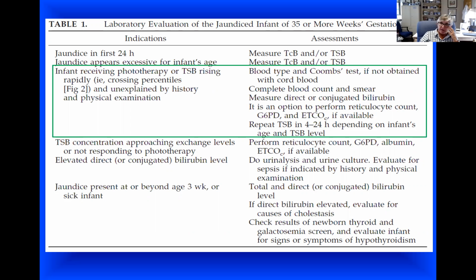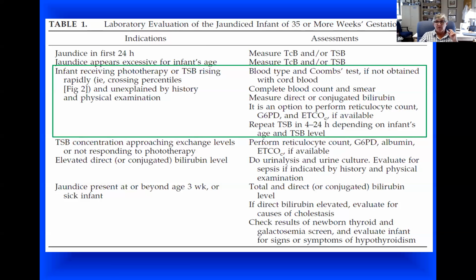The blood type, the DAT or Coombs test, the complete blood count and smear. Remember looking at what the red cells look like. Measure their direct or conjugated bilirubin so you can subtract that from the total serum bilirubin. So you'll get a fractionated bilirubin because you really plan phototherapy based on what the unconjugated bilirubin is.